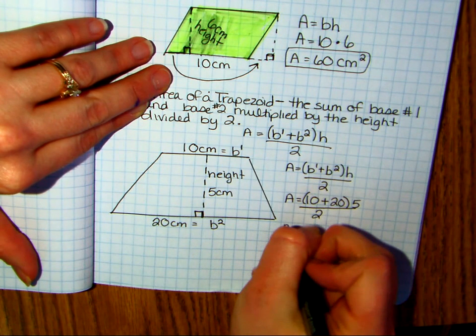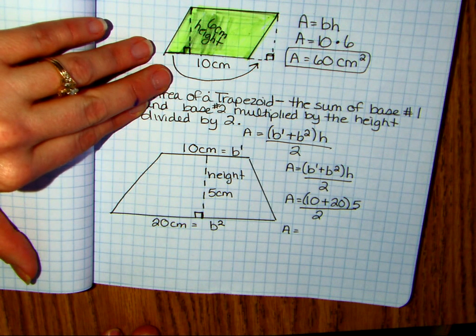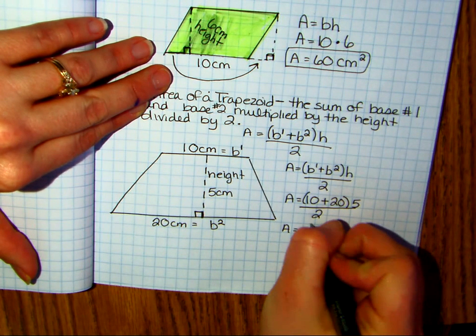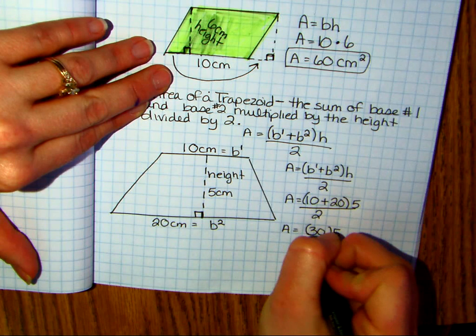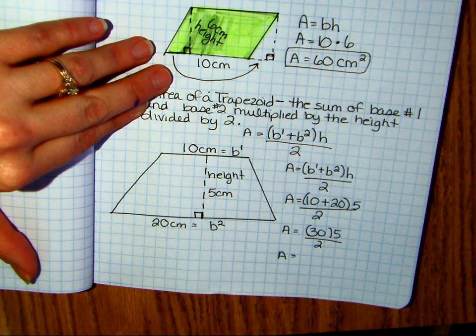So now we're going to do order of operations, starting first within the parentheses. 10 plus 20 is what, Renfairy? 30. Thank you. We're going to multiply that times 5, divide by 2. Now we're going to multiply the 30 times 5. What is 30 times 5?